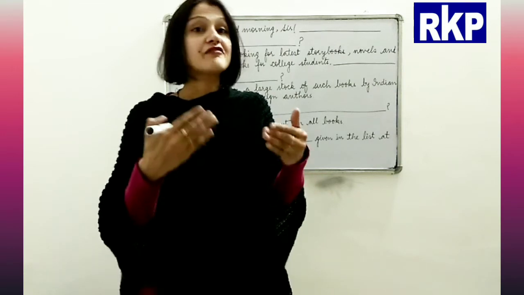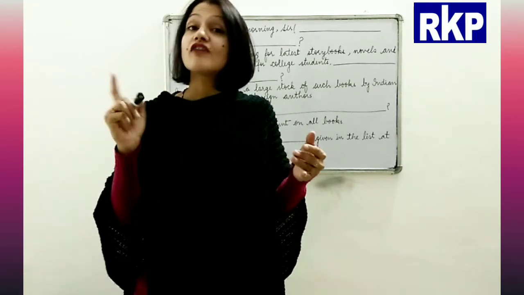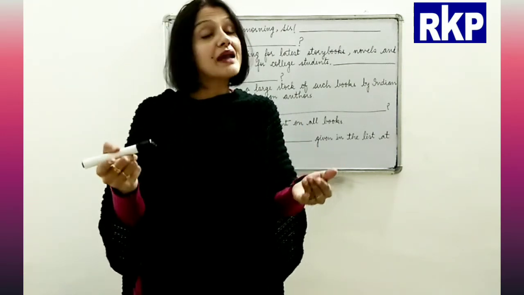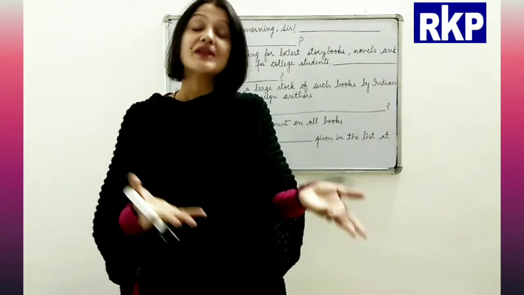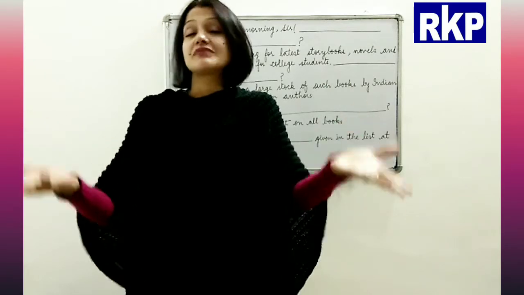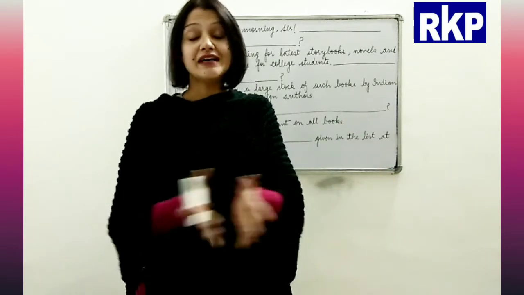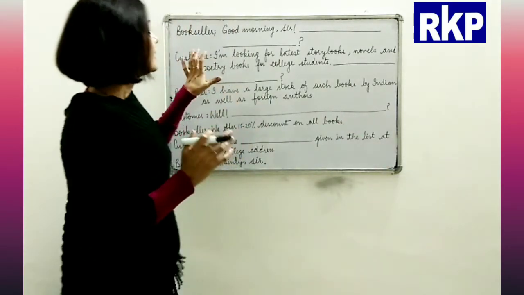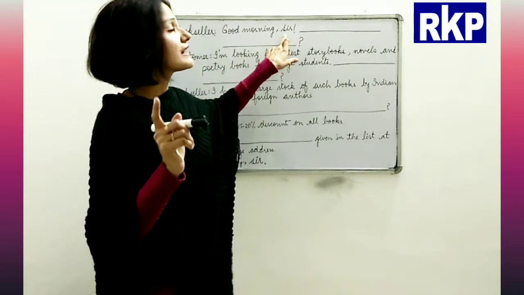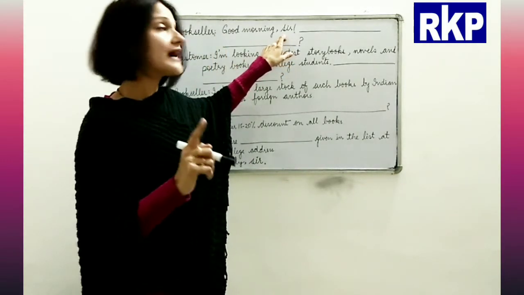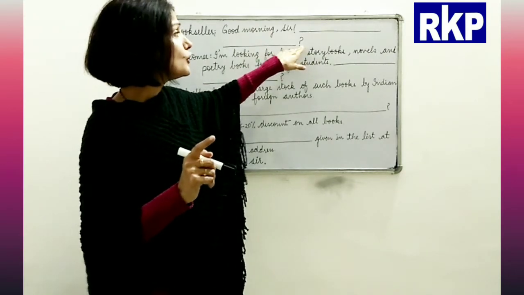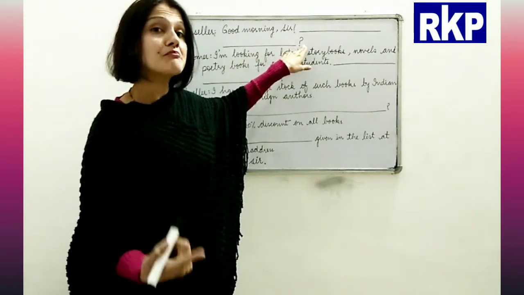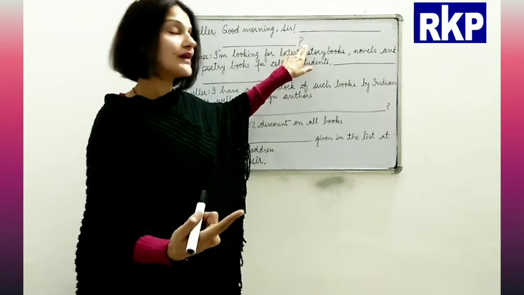If there is a mark of exclamation, then you have to supply an exclamatory sentence, and if there is a full stop, then of course an assertive sentence. So the first thing was to look at the sentence before and after, and the second was to look at the punctuation marks used.